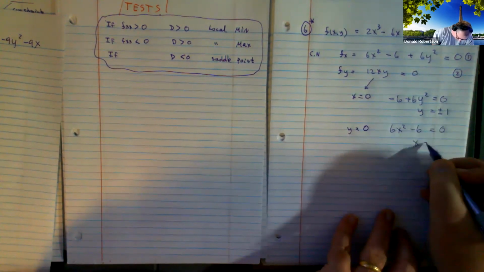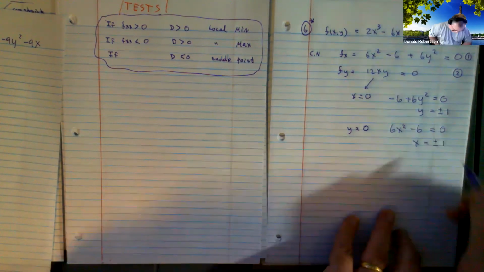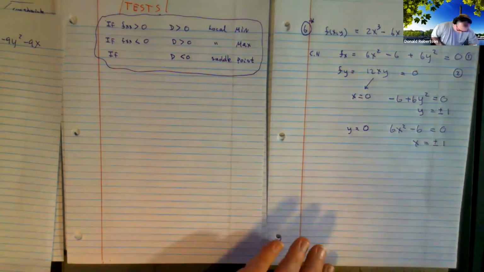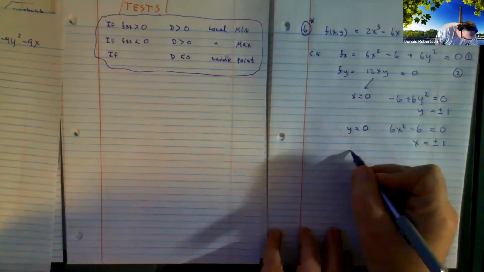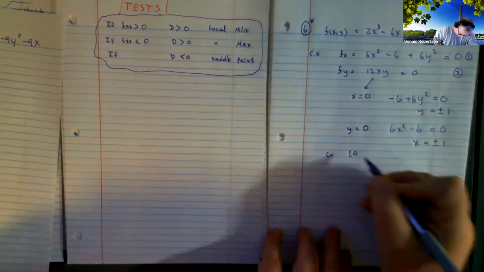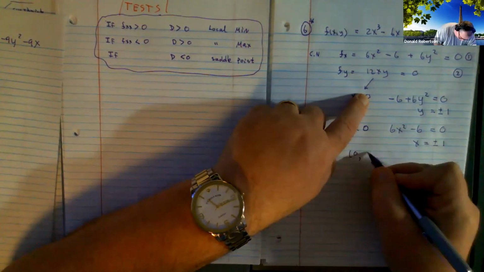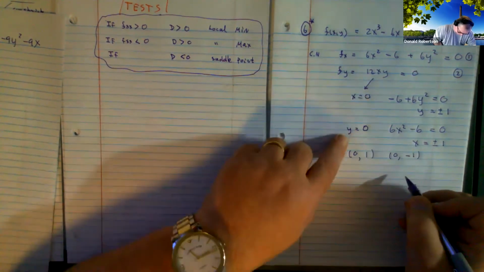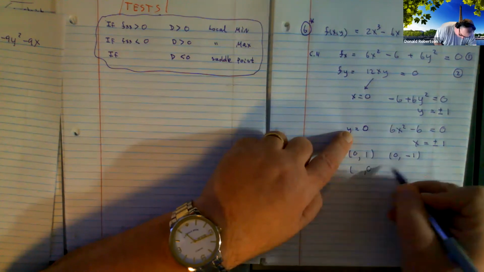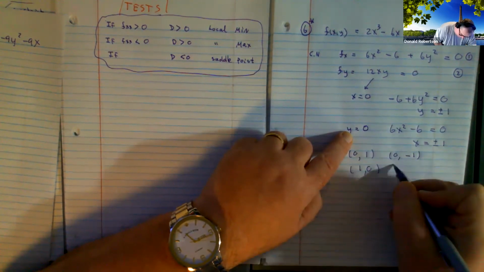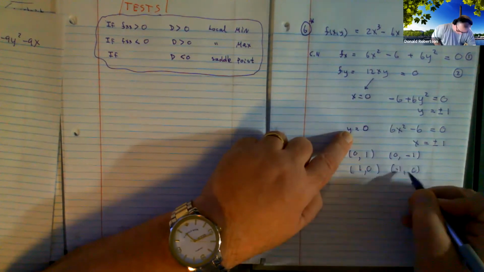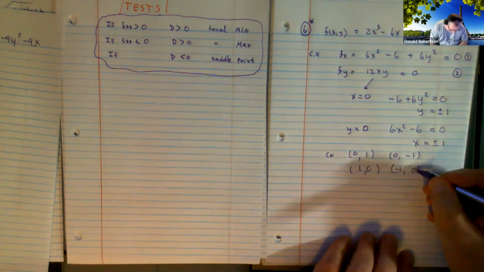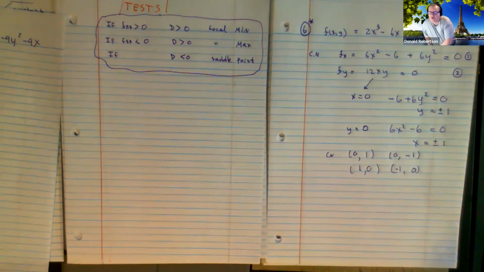And that comes out to be plus or minus 1 as well. So we have critical numbers. X is 0, y is 1. X is 0, y is -1. Y is 0, x is 1. Y is 0, x is -1. Do you see that there are actually 4 critical numbers here?